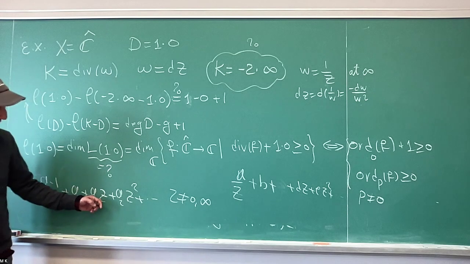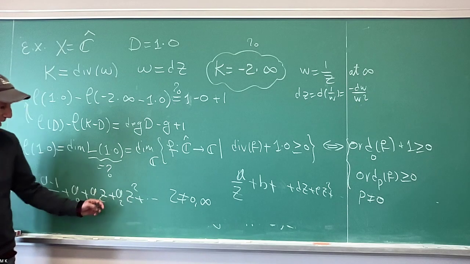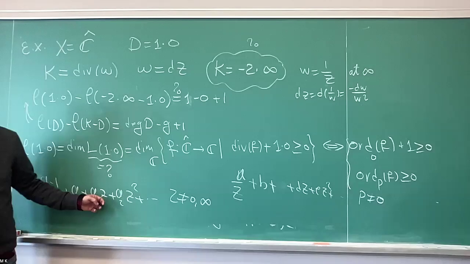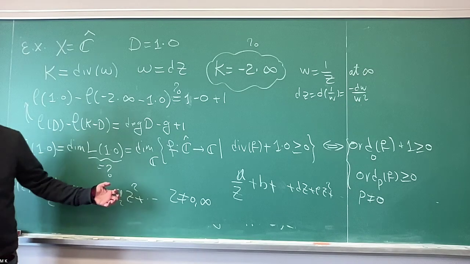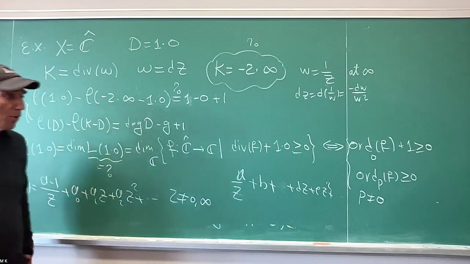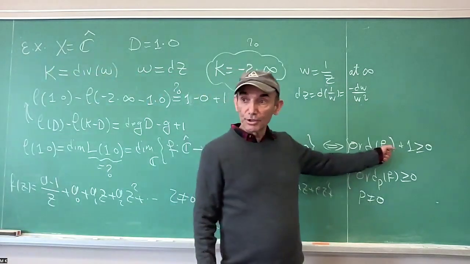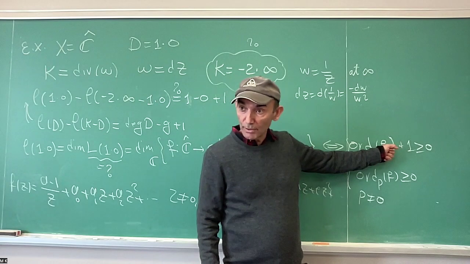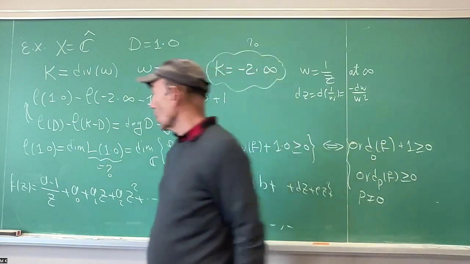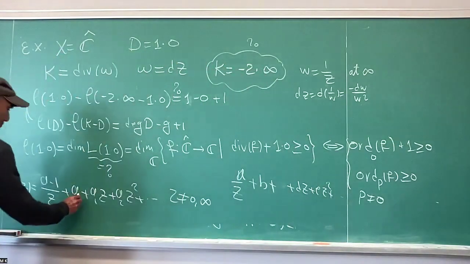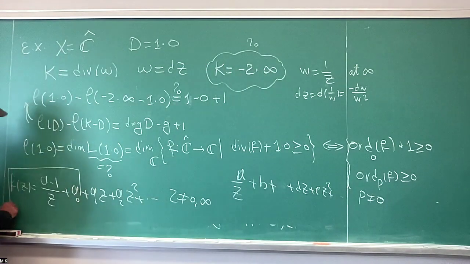However, we know that if there is something like z or z squared at infinity, it is going to develop a pole at infinity, but the condition doesn't allow a pole. So it means that only these two terms are allowed.